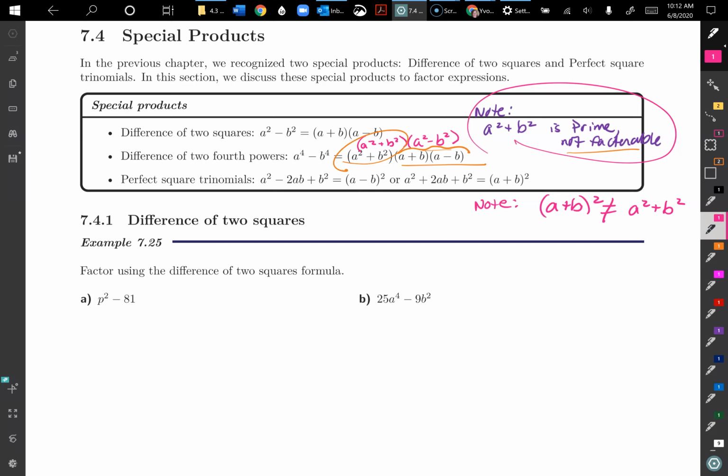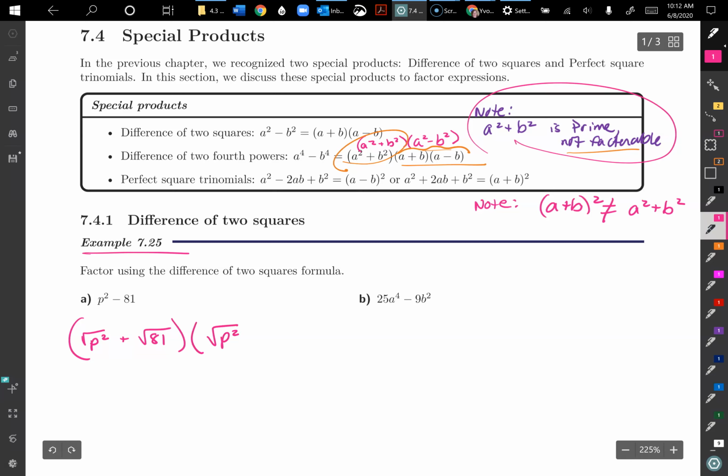So I want you to take a look here at the first one, 7.25. Example, a is p squared minus 81, and it says factor using the difference of two squares formula. So we would have the square root of the first one plus the square root of the second one as a binomial times square root of the first one minus square root of the second term as a binomial in parentheses.